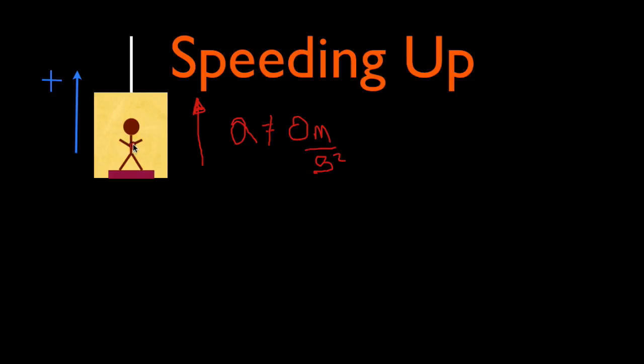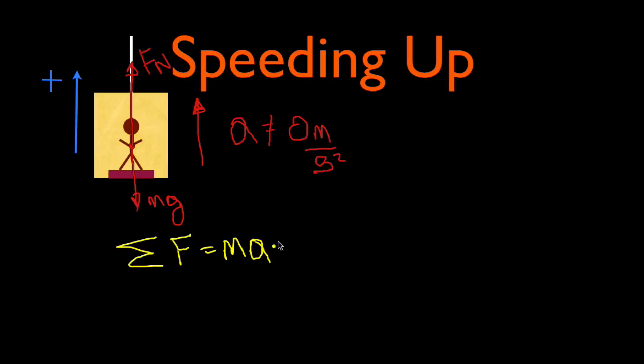Okay, so now we're going to draw the forces again. We have the force of weight, your weight force, which is mg, and because you're not falling through the floor, there is again the normal force, which we designate Fn, and now we can sum up the forces because those are the only 2 forces acting on you, and once again the sum of the forces is equal to the mass times the acceleration. Now the acceleration is not 0, so we're going to leave it just like that. The sum of the forces is ma. Let's sum up the forces.